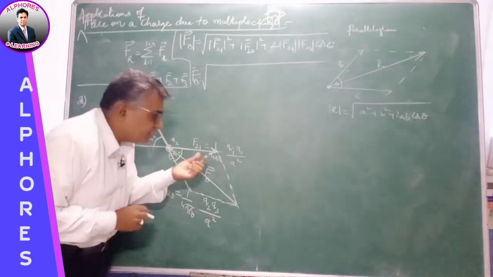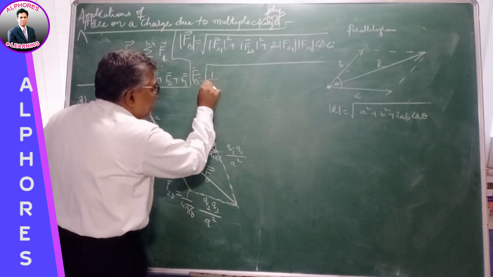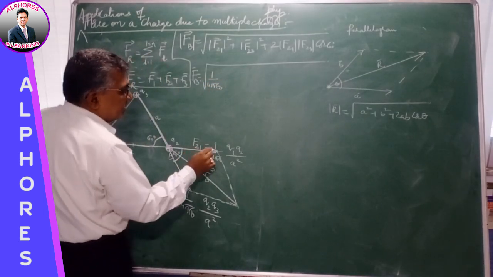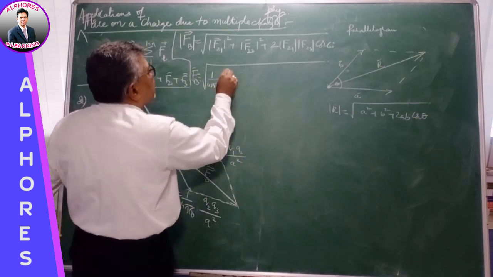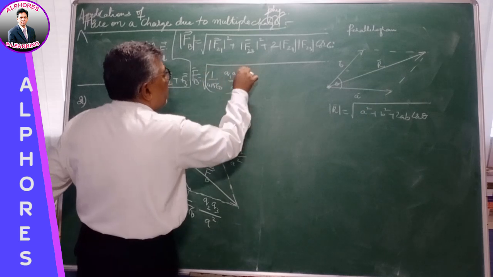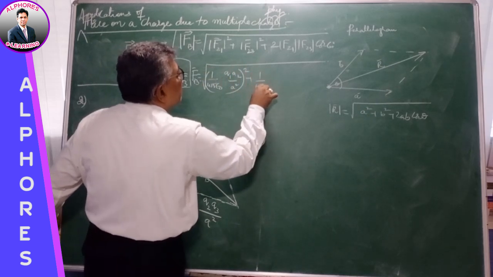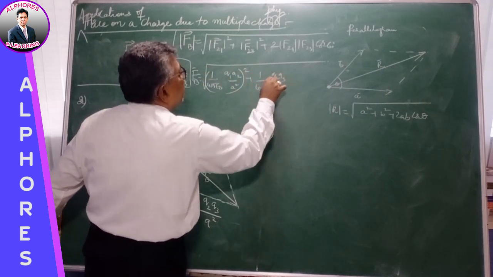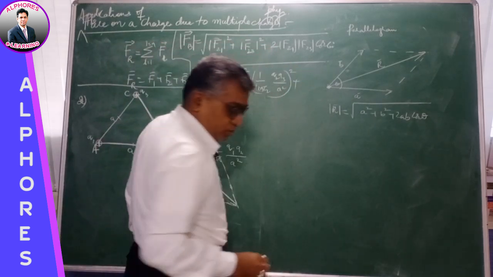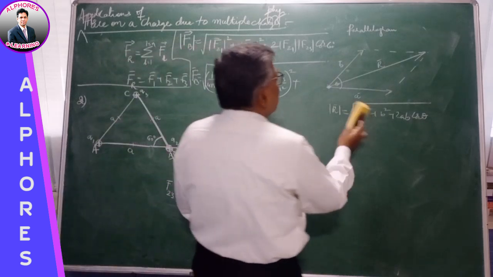Let us first substitute, later on we will simplify. Force F21 is 1 by 4 pi epsilon naught q1 q2 by a square, whole square, plus 1 by 4 pi epsilon naught q2 q3 by a square, whole square, plus 2 times F21 F23 cos theta.